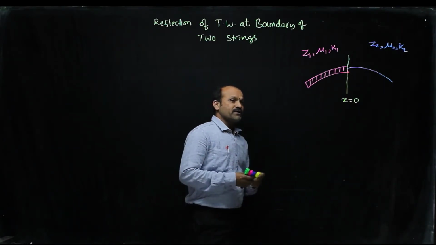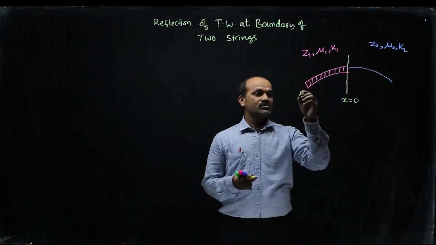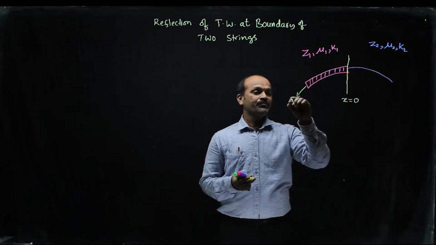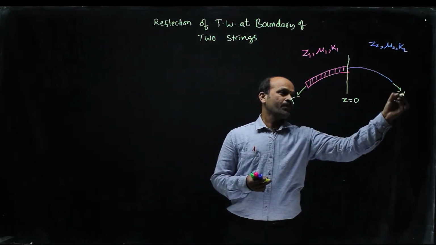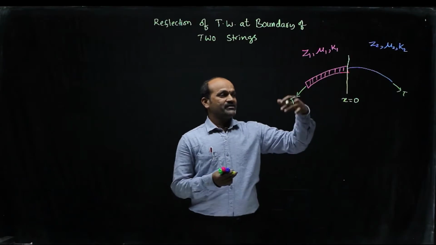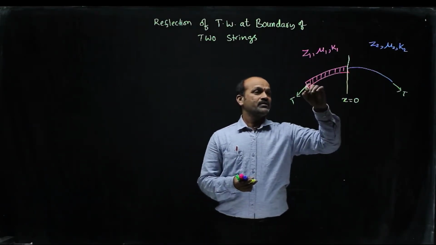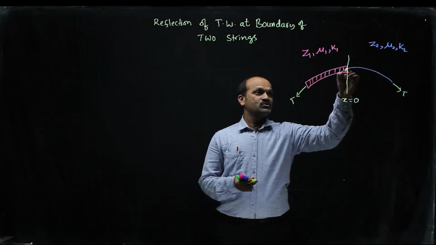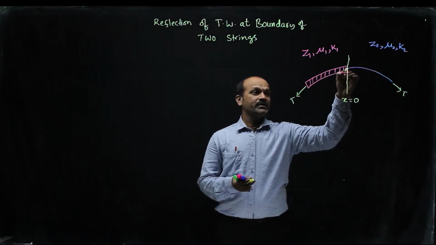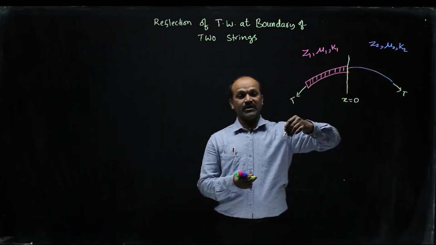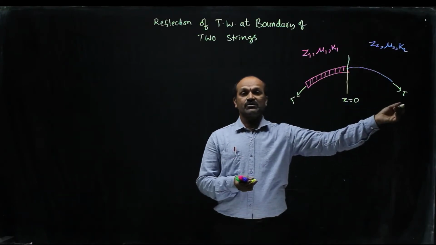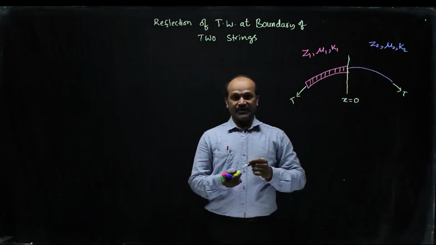When these two strings are stretched with the same tension and a wave is made to propagate along them, the incident wave reaches the boundary point, where part of the wave is reflected back and part of the wave is transmitted into the second medium.